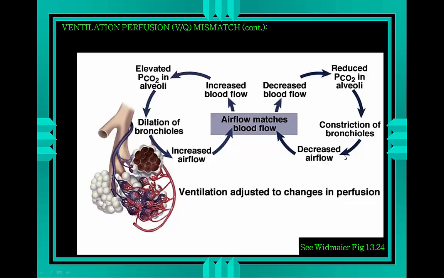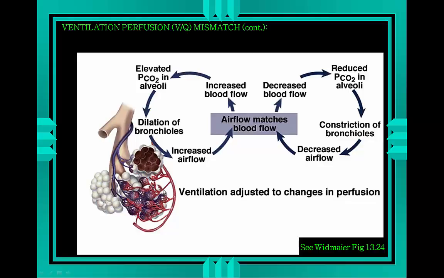Now, how is this relevant to us? Well, I guess it's relevant because it means that we're always trying to maximize gas exchange in situations where you might have little problems with the lungs or little problems with the blood vessels that are supplying the lungs, but also in the normal lung. There's change in ventilation perfusion ratios. For example, if you're standing up, because the lung is positioned vertically around the heart, the region of the lung above the heart is going to receive slightly less blood flow, because it's pumping against gravity, than the region below the heart.